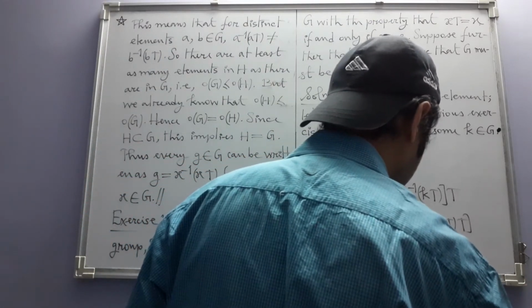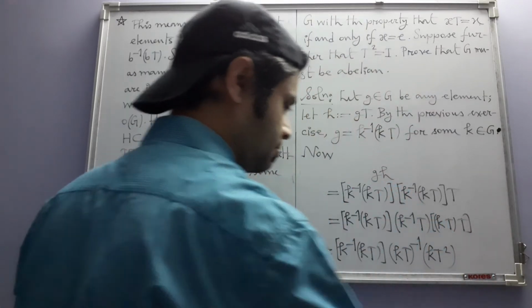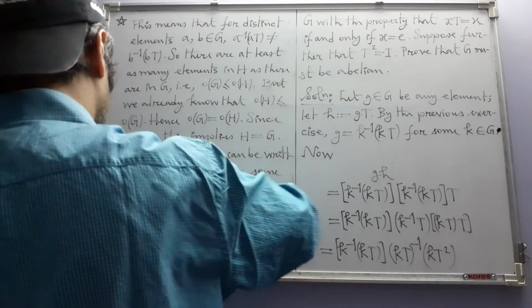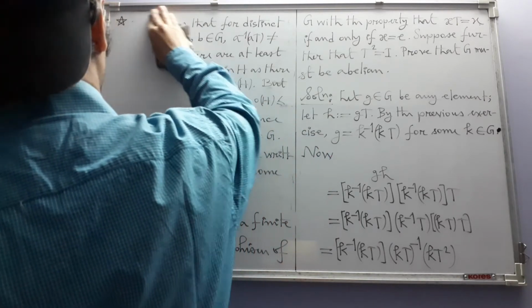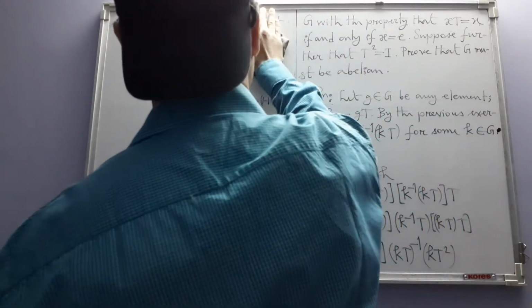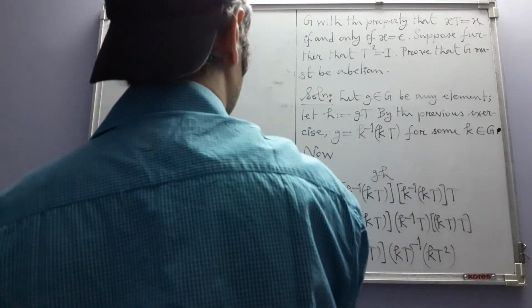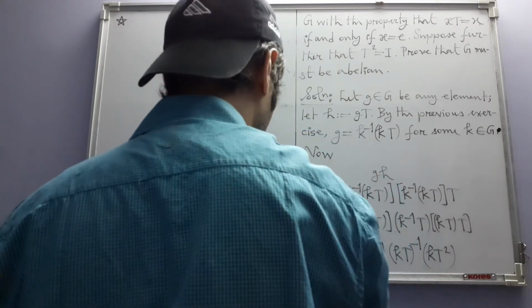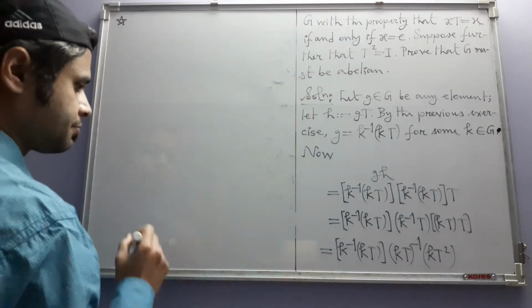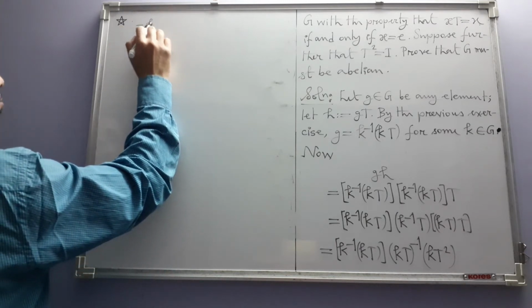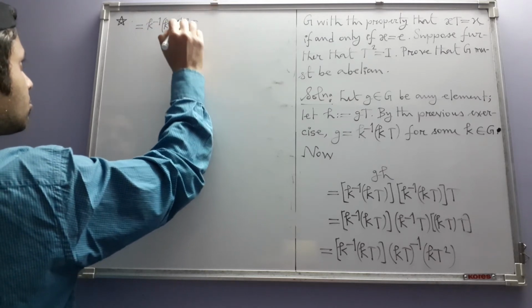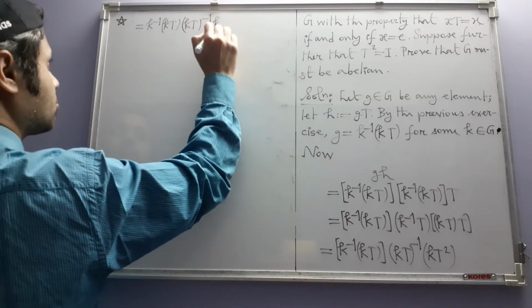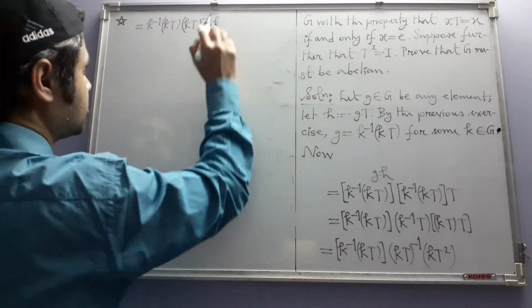And here we have KT square. T square is the identity automorphism.